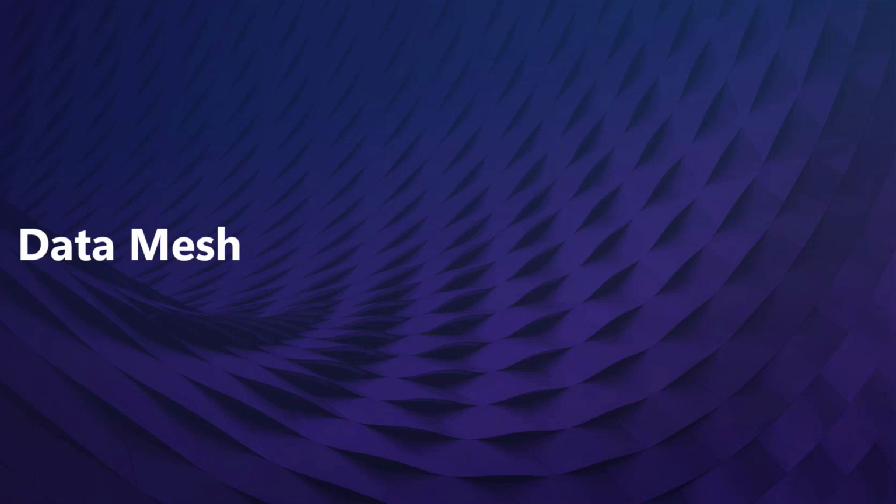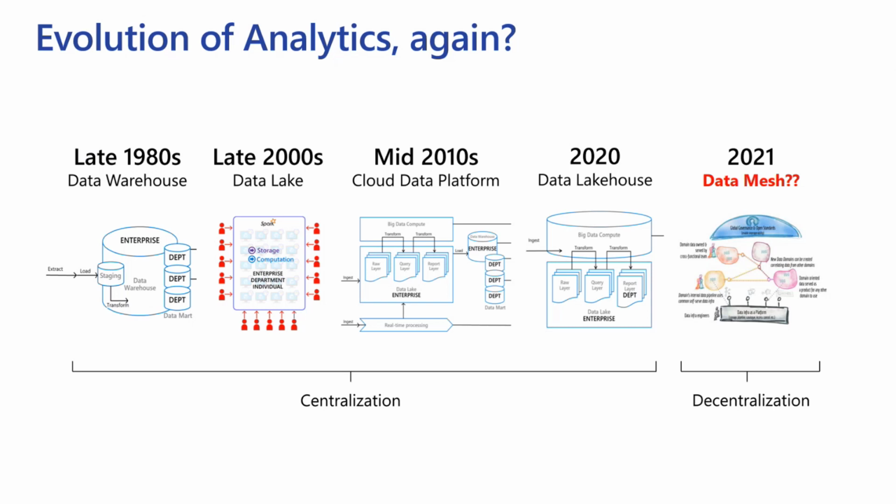I stole this slide from a friend of mine, but when we are talking about all these platforms, architectures, paradigms, we are pretty much navigating through time, from the traditional late 80s data warehouse, to data lakehouse, and DW over the couple of years.